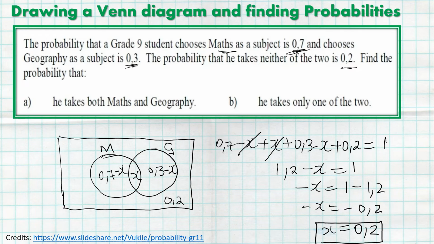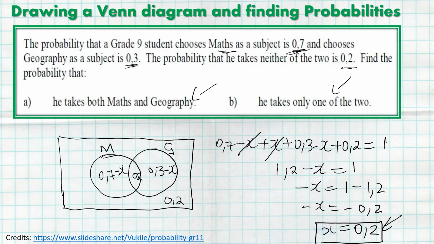So we are going to sketch a new Venn diagram for when we substitute X equals 0.2, so that we can now answer those two questions. We're just going to replace where there is X with 0.2.